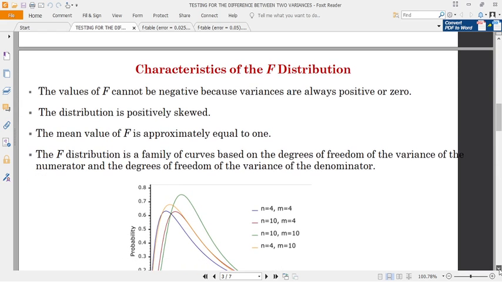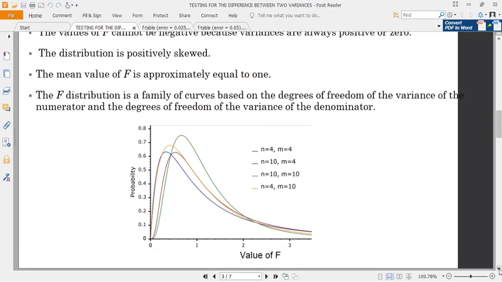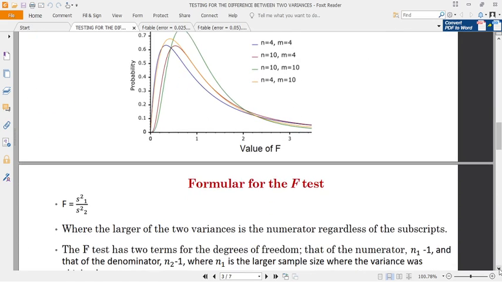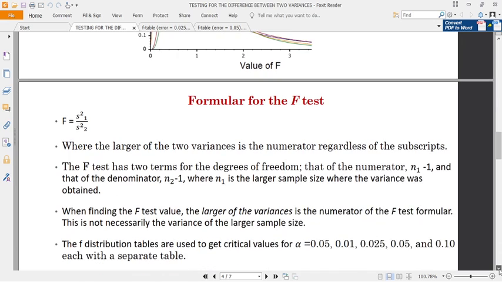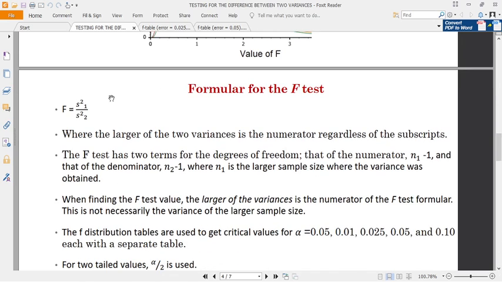The F distribution is also a family of curves based on the degrees of freedom, like the t distribution and the chi-square distribution. Now this is the formula for the F test. I remember you saw this in the previous topic and you were wondering how it came out.